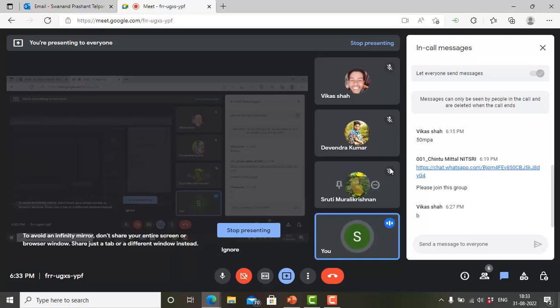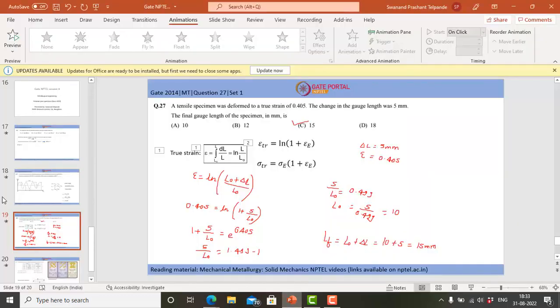Okay, so we will go to the last question of today's session. I will project this question, which is from crystallography. If you have learned physical metallurgy and some crystal structures, then you will be able to answer this question. I will give you 2 minutes to solve it, then we will solve that question.